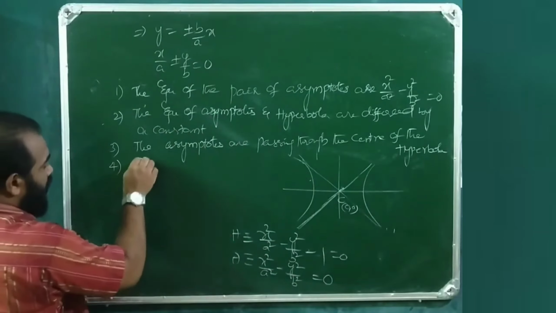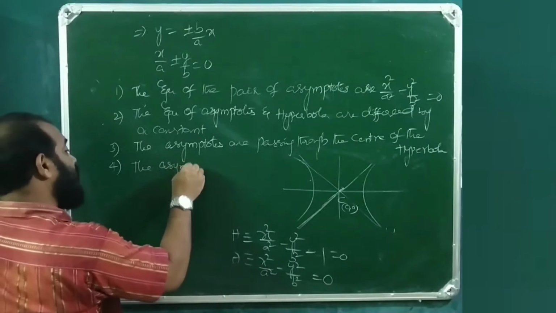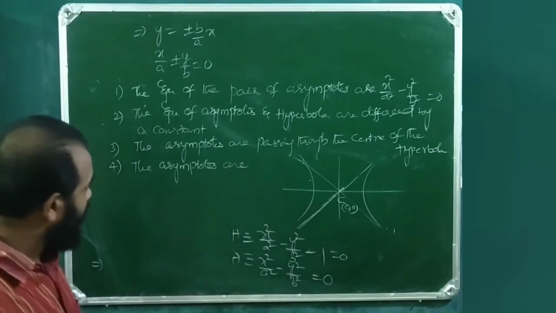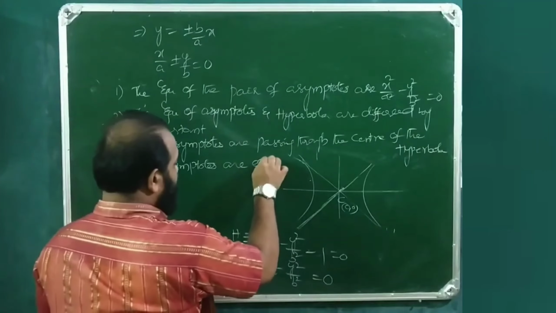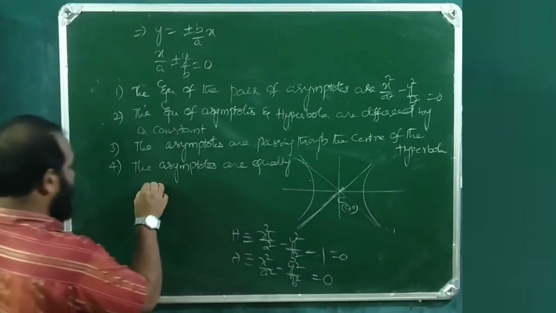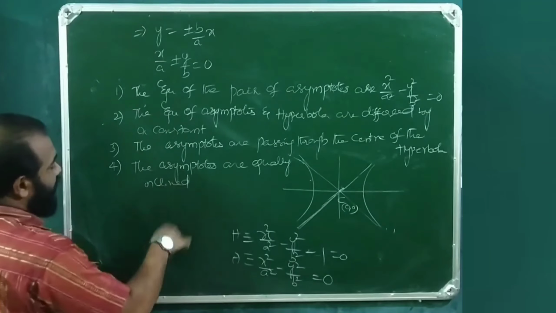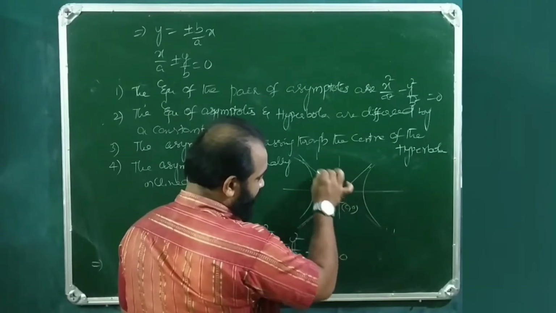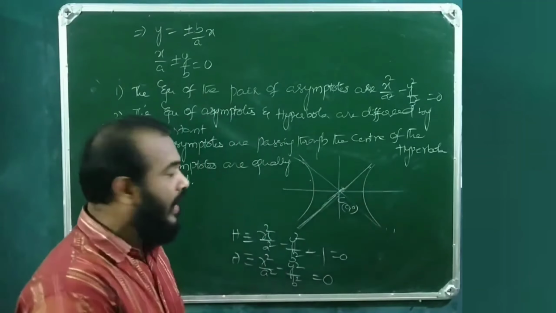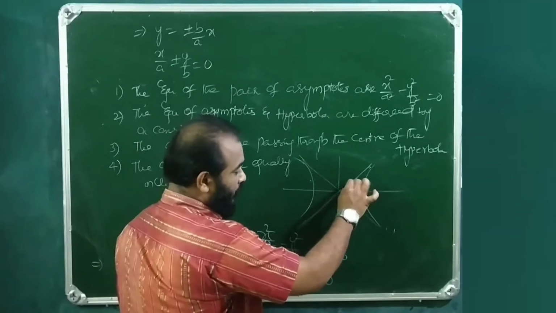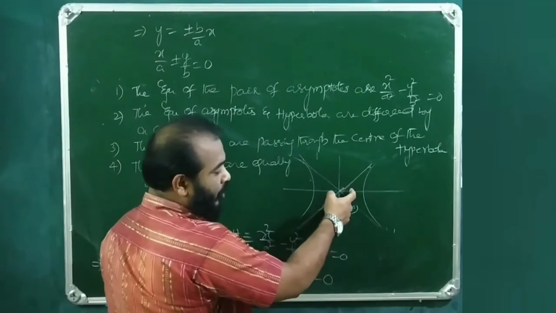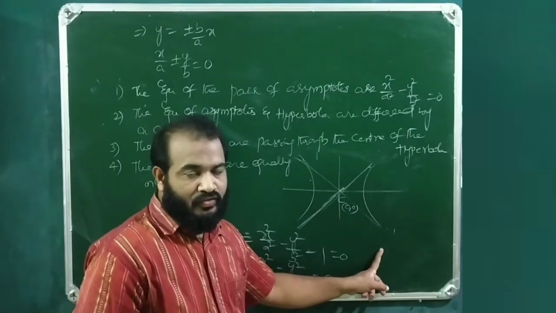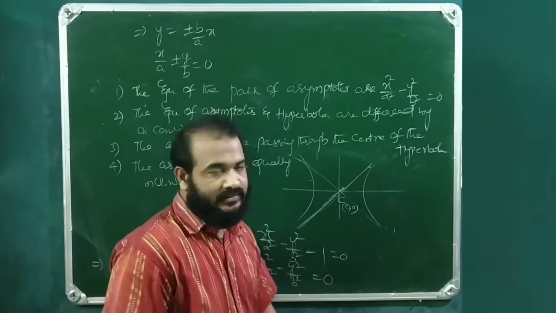And the asymptotes are equally inclined, meaning the two lines make equal angles with the coordinate axis. One line makes an angle of 45 degrees and the other makes minus 45 degrees, or 135 degrees, with the coordinate axis.